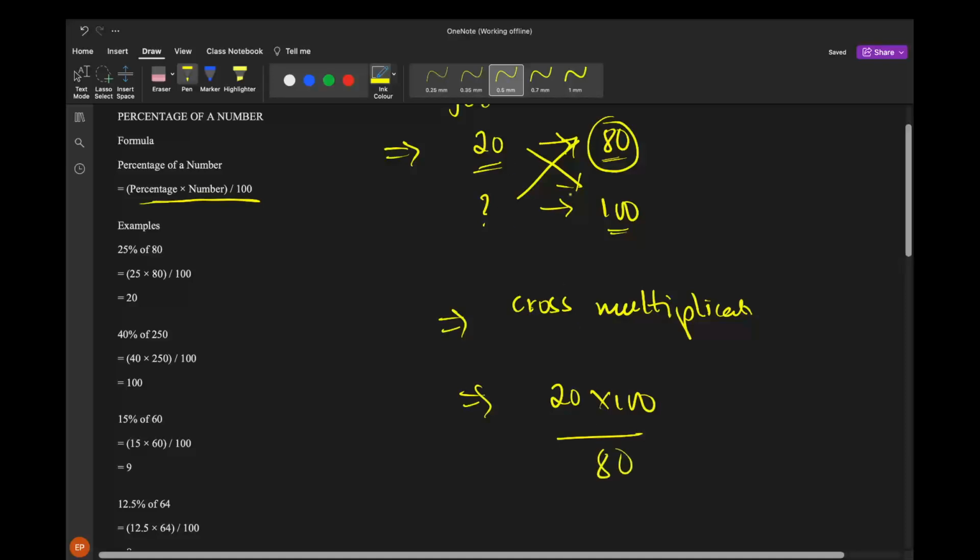The question mark remains here, let me take it as x. Then x equals 20 into 100 by 80, which gives 0 0 cancel, 2 ones are 2, 4 twos are 8, 4 ones are 4, 25, which means I am getting 25%.